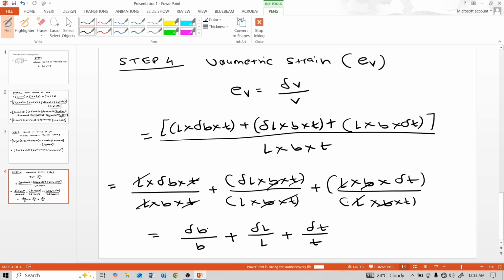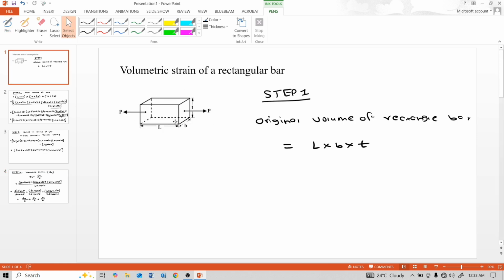Volumetric strain is change in breadth to the original breadth plus change in length to the original length plus change in thickness to the original thickness. See this rectangular bar, change in length to the original length is axial strain, that means longitudinal strain.